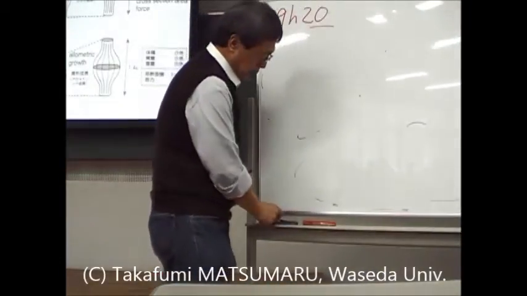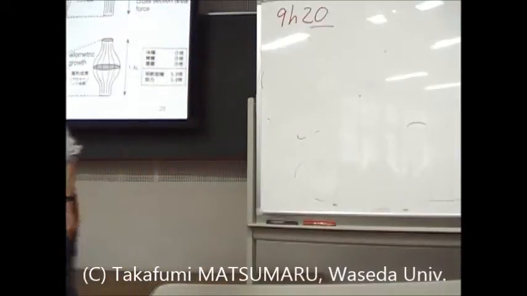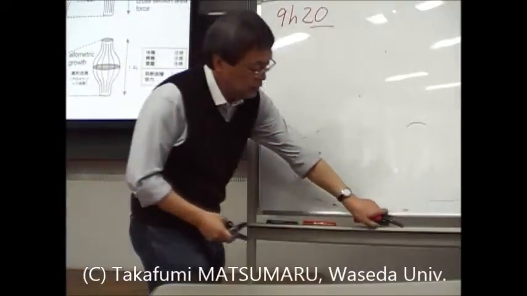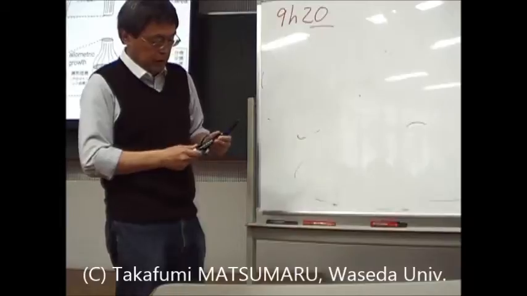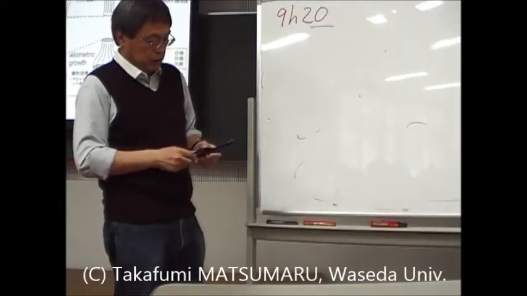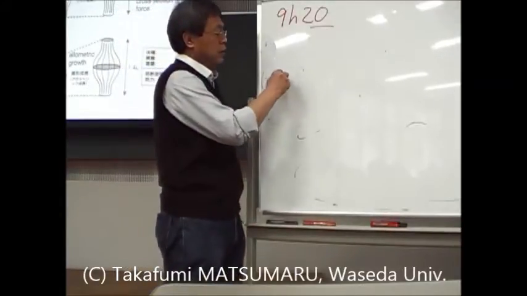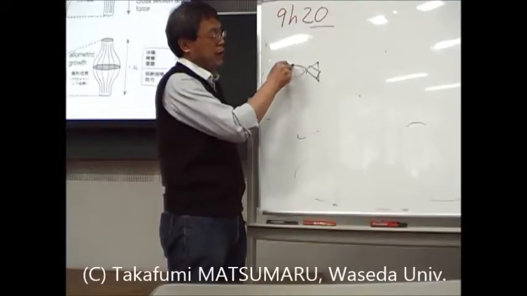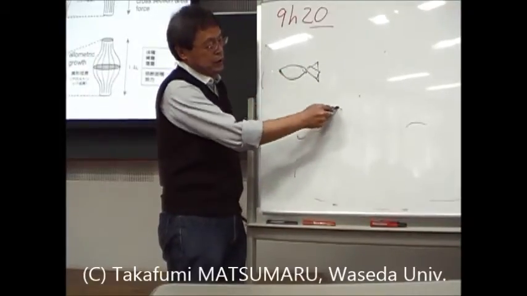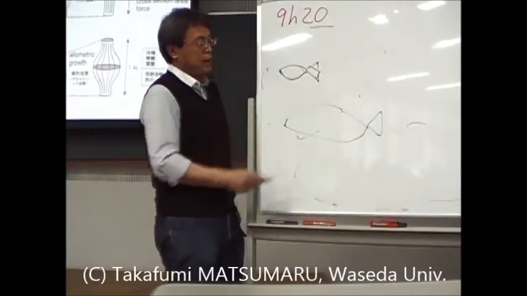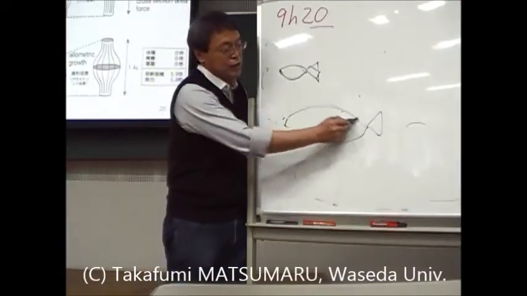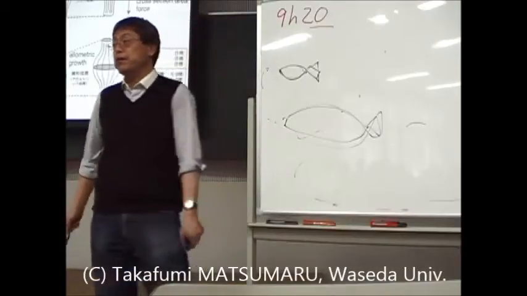Fish is almost the same. This is a baby fish. This is an adult fish. This is almost the same shape.